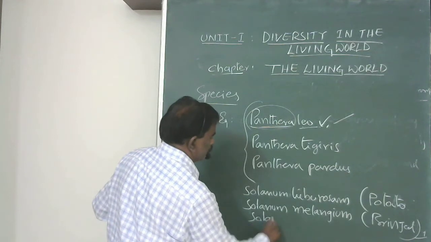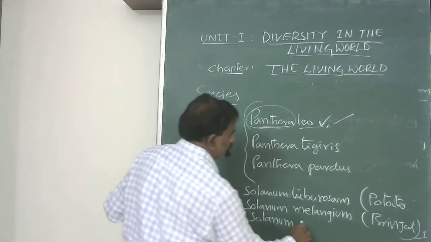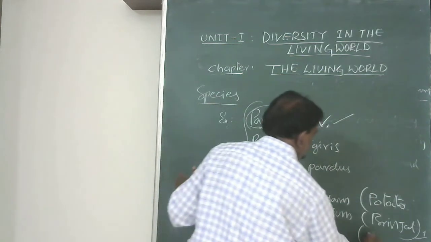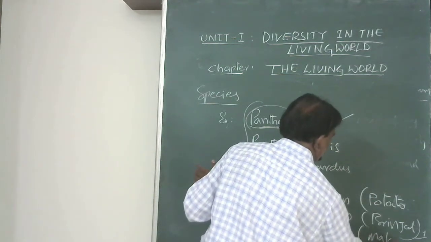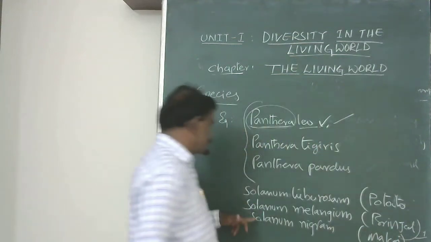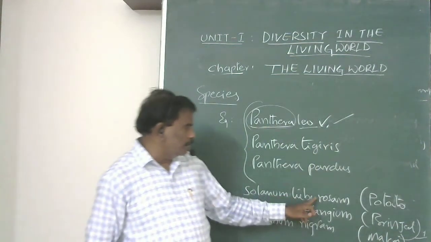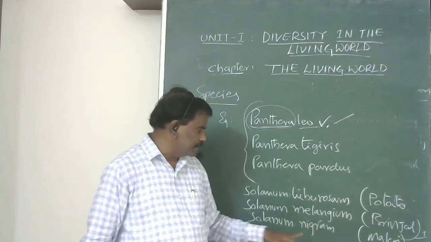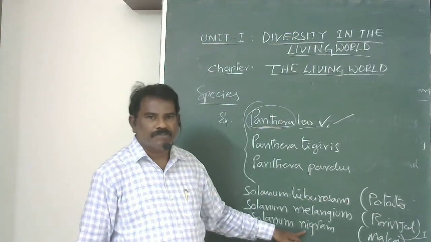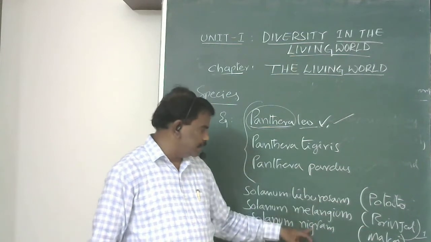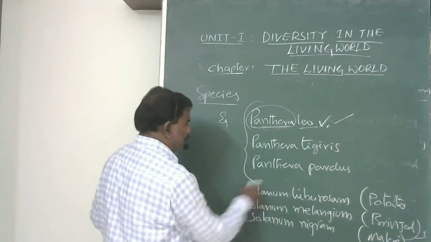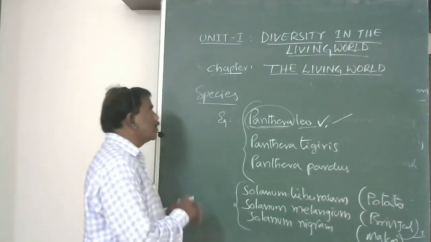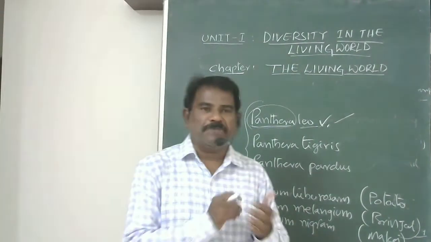Solanum nigrum is the scientific name of makoy. So, tuberosum is one species, melongena is one species, and nigrum is one species. All these species are kept in one genus. So, this is about the species.